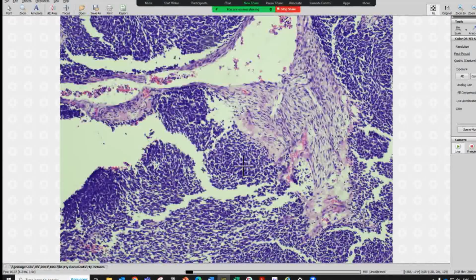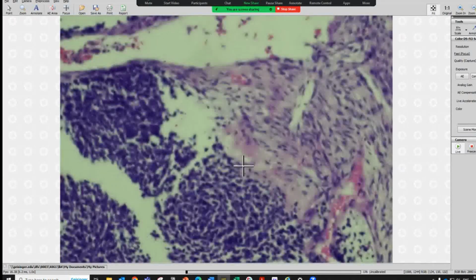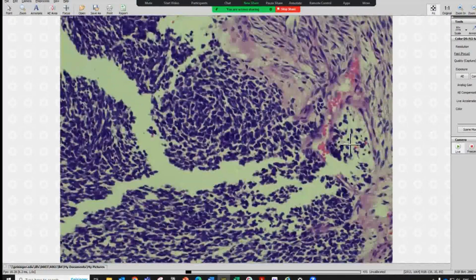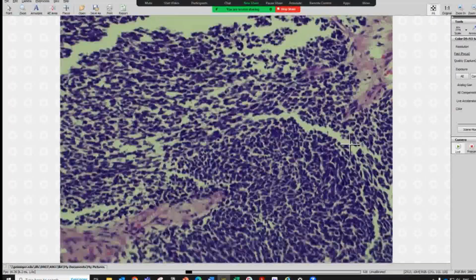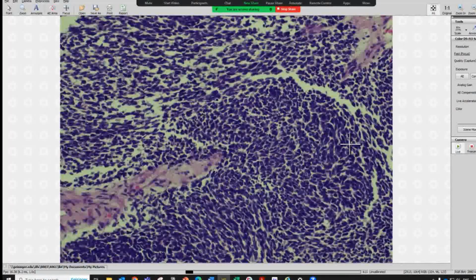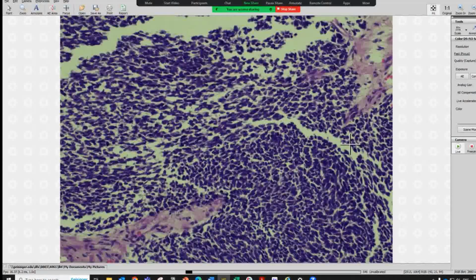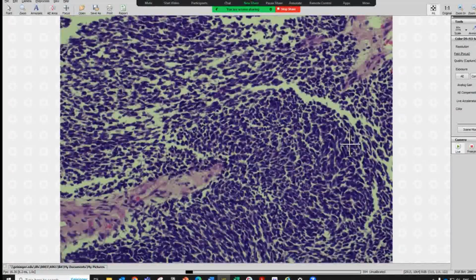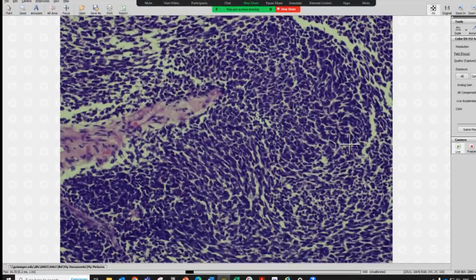And let's go to higher power. This primitive cell is really dark, really hyperchromatic, and the nuclei are not like NET. They are not round. They have irregular shapes, and they overlap with each other. That is nuclear molding.